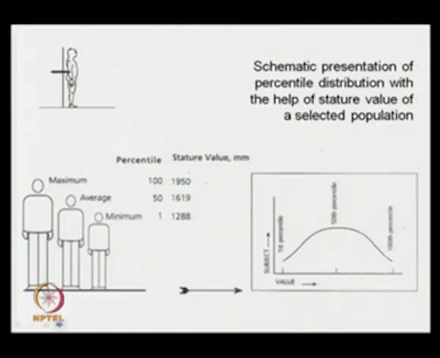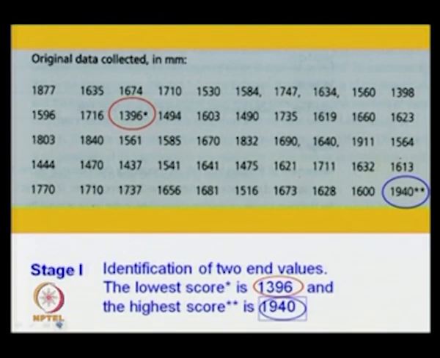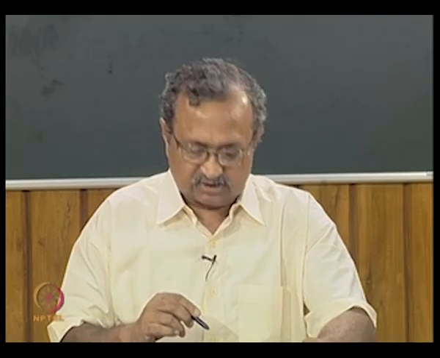Now, see this schematic presentation of percentile distribution with the help of stature values of a selected population. This is a diagram from some data, and 50 body height data have been taken here for discussion purposes.